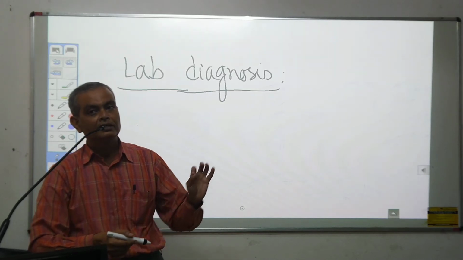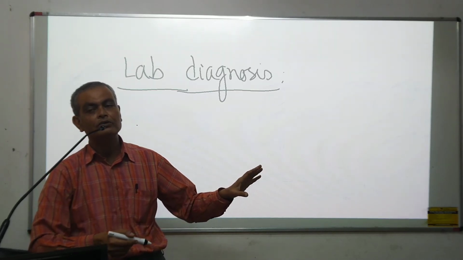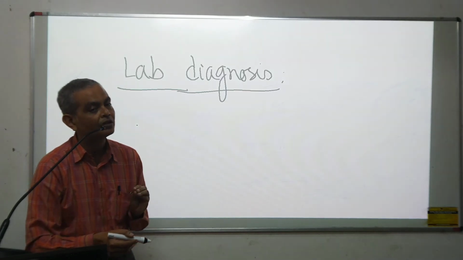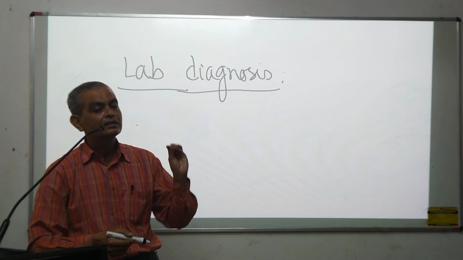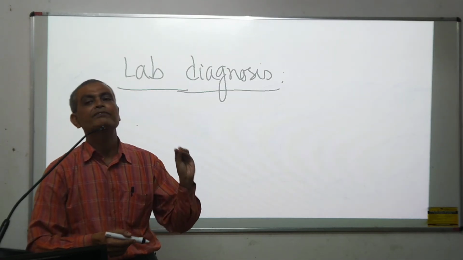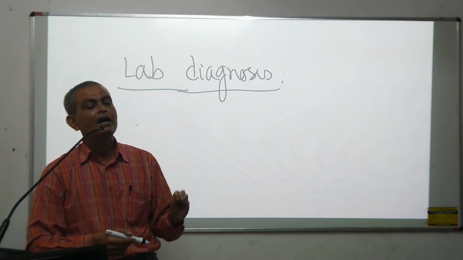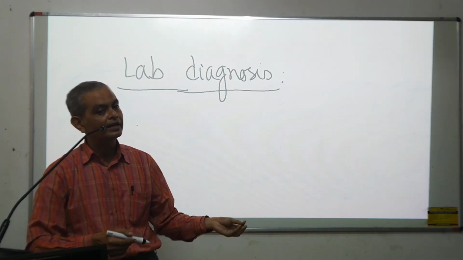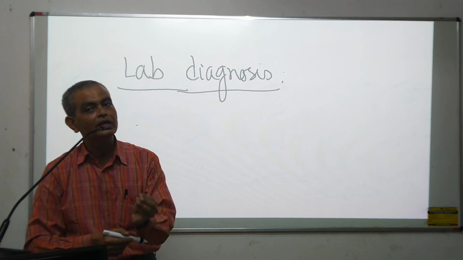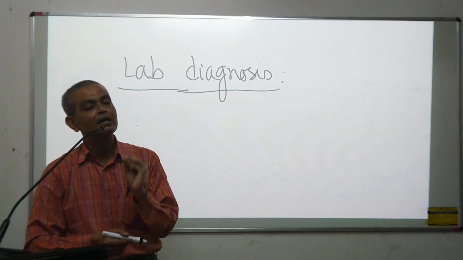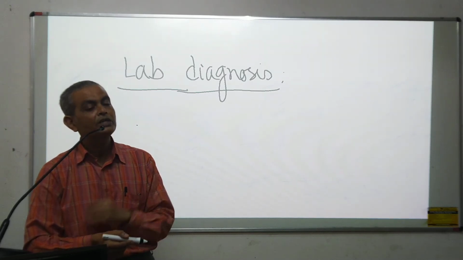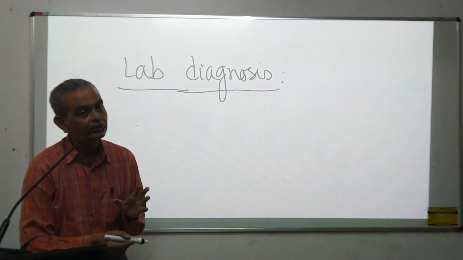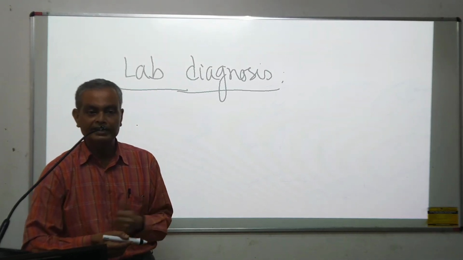Before going to lab diagnosis, you will suspect that the patient is suffering from hemolytic anemia, because he or she is suffering from anemia, unconjugated hyperbilirubinemia, with or without organomegaly, with or without passage of deep colored or cola colored urine, with or without passage of hemocytic. So if this history is present, then you will think about hemolytic anemia.